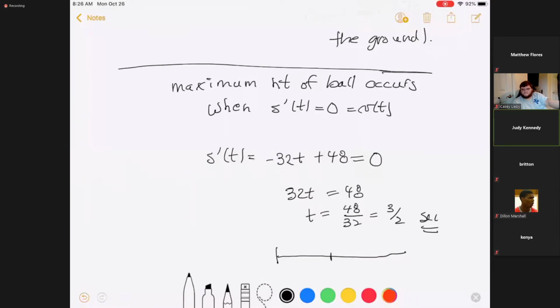Nothing makes sense before 0, since the problem only started at time 0. But our only critical number is at 3/2. I could pick 1 to check, because it's between 0 and 3/2. And I would get minus 32 plus 48. That's positive.